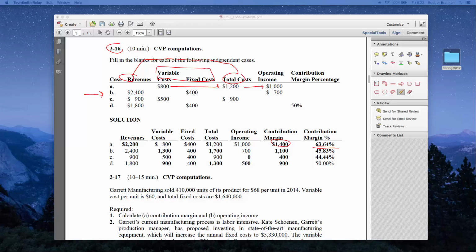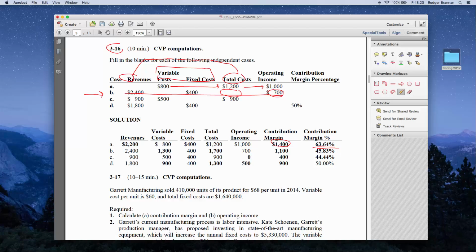Okay, I'll do one more example here. Let's look at B. Starting from the information that they gave me here, what do I know? Well, one of the end products that I know here is that operating income is $700. Well, fine. What's the definition of operating income? Well, it's total revenues minus total cost. Therefore, what I can do is plug in my total cost. 24 minus some number x equals 700.